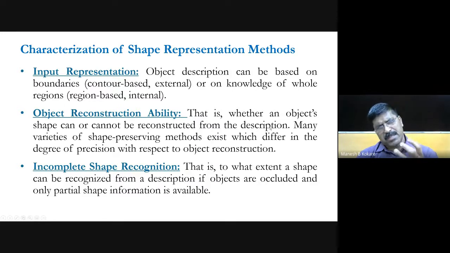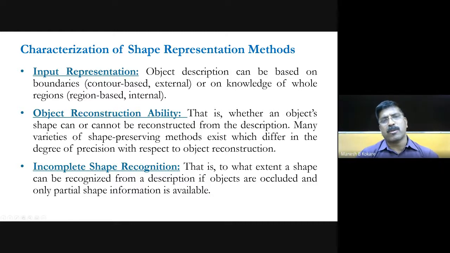Some methods extract the shape features, but from those features it is not possible to reconstruct the object back. But with some techniques we can extract the features and from those features reconstruct the shape back. So this method will be better as compared to the other.